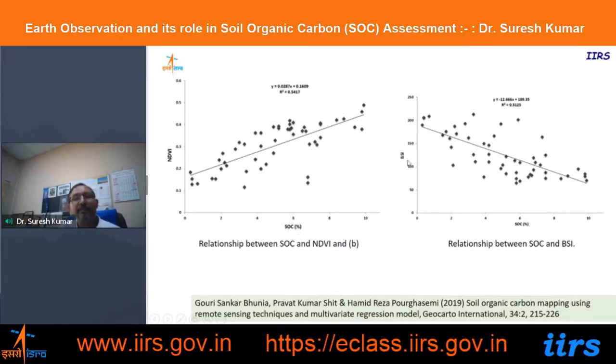With the BSI, the bare soil index, we see that where the index is high, there is low organic carbon. So it is an inverse relationship: as organic carbon content increases, the bare soil index decreases, and the relationship was found around 0.5. So you can achieve 0.5, 0.6 correlation coefficient using multispectral remote sensing data by simple multiple linear regression analysis.